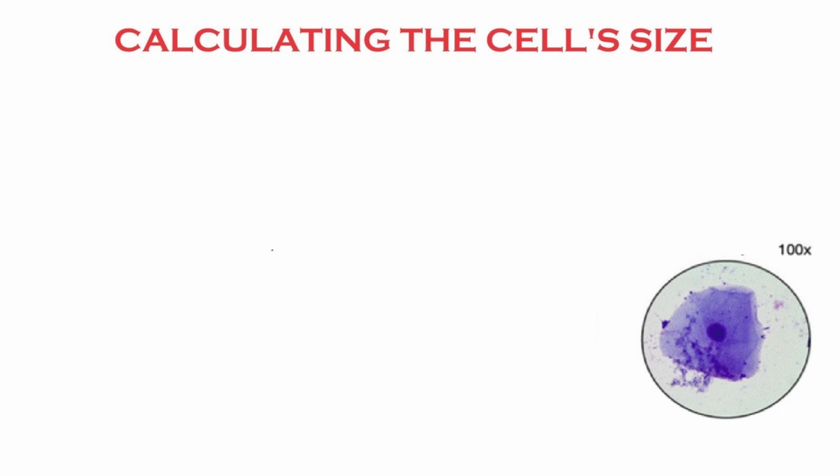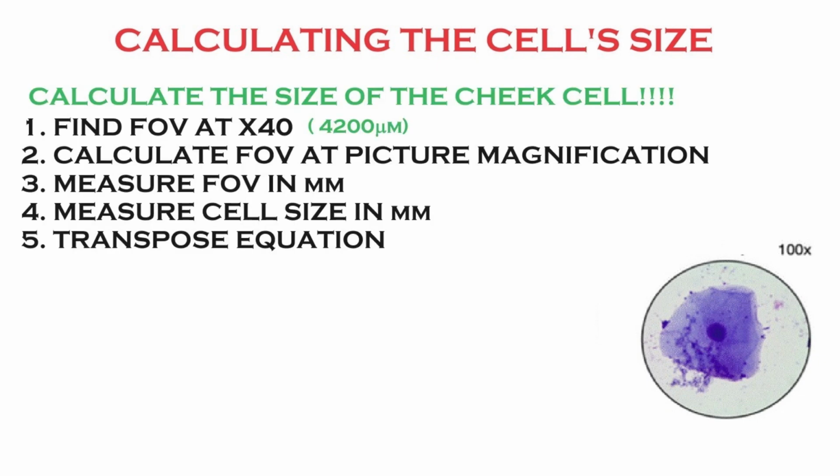Here I've got an image of a cheek cell stained with methylene blue, and the total magnification is times 100. So the field of view at times 40 in this circumstance was 4,200 micrometers, and therefore the field of view at times 100 is 1,680 micrometers. I measured the field of view in the diagram, and it was 40 millimeters.